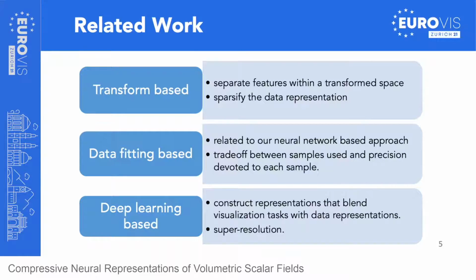The second is data fitting based. Data fitting is related to our neural network-based approach, but the method to achieve the fit is different. Broadly, this approach considers the trade-off between how many samples are used and how much precision is devoted to each sample. The third is deep learning-based methods.